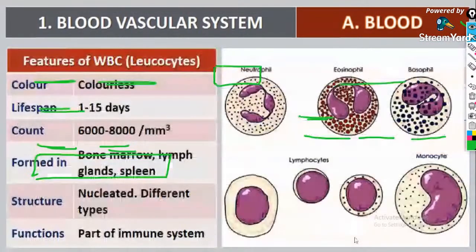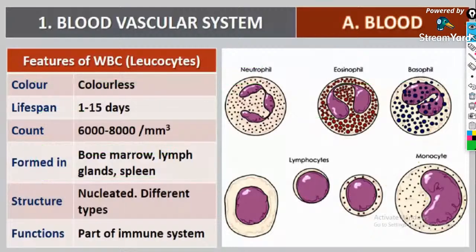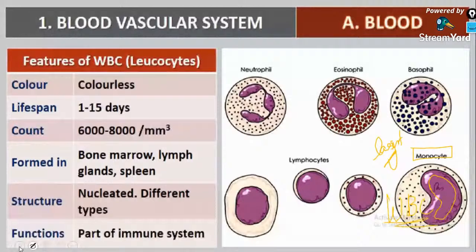Look, this is the monocyte. Monocyte is the largest WBC, and it has a kidney shaped nucleus.